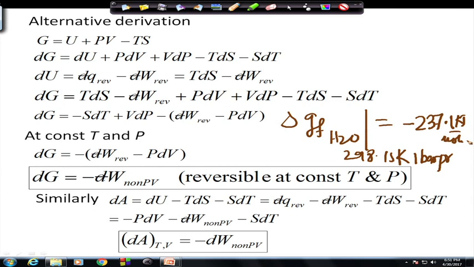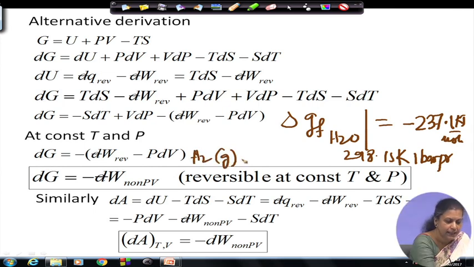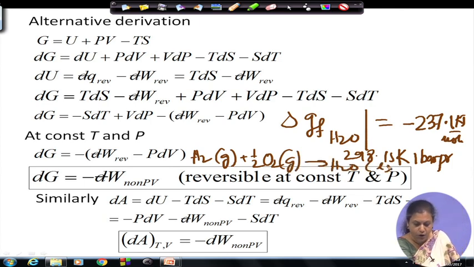Well, this means that suppose we perform some particular reaction, hydrogen gas plus half O2 gas to give you H2O liquid, and for this condition hydrogen is at 1 bar pressure and 298.15 Kelvin, oxygen is at 1 bar pressure and 298.15 Kelvin, and the water formed is also at 1 bar pressure and 298.15 Kelvin.